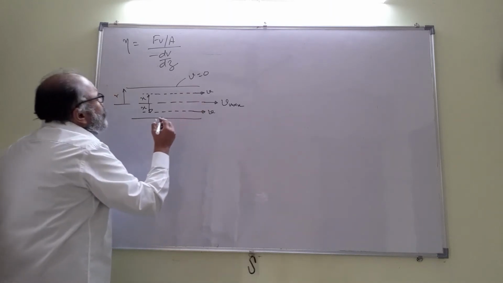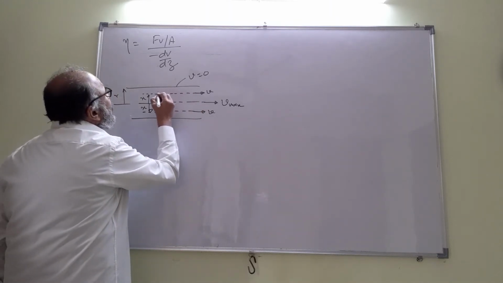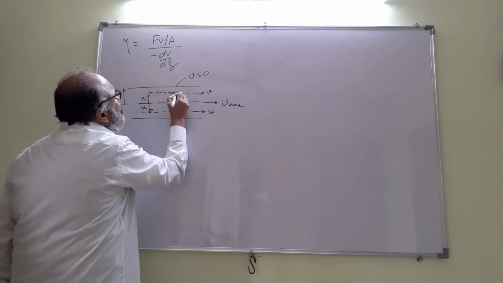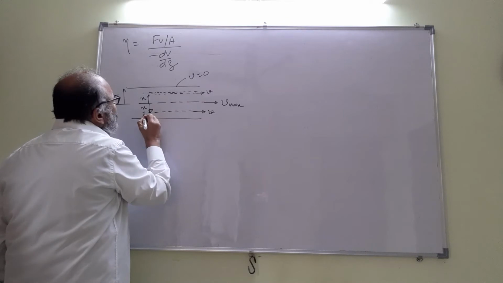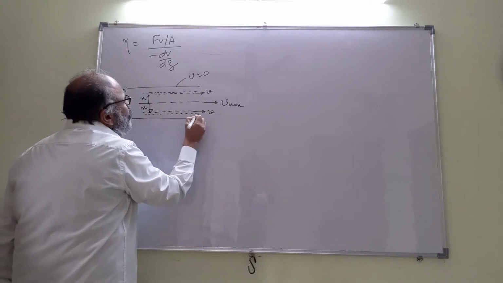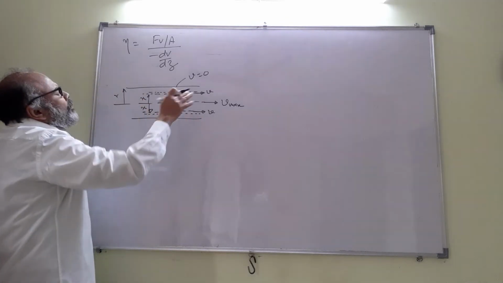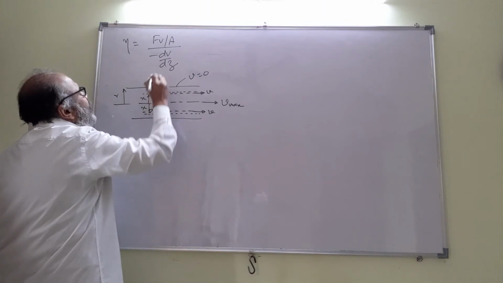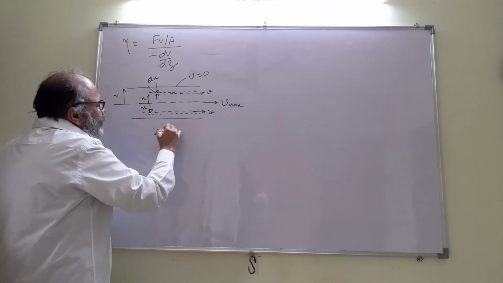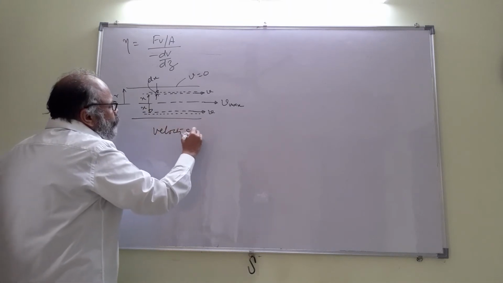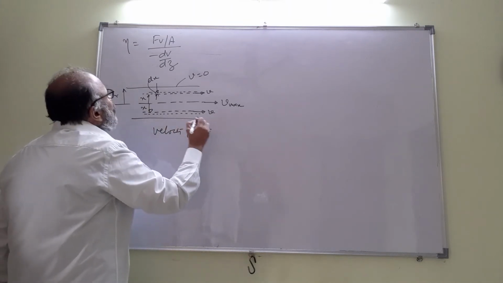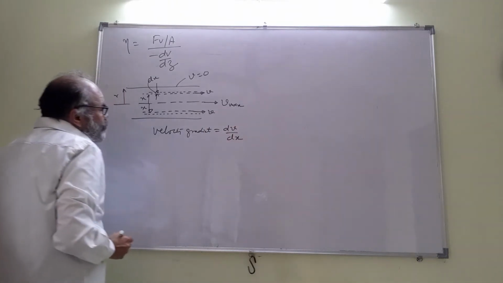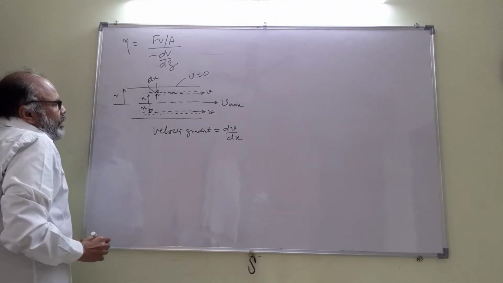Now, if you want the velocity gradient, if you take another layer of the fluid with a thickness dx, the velocity gradient is going to be dv by dx.